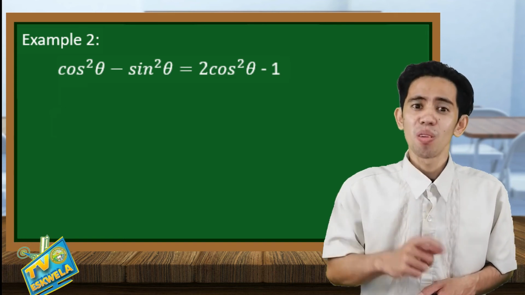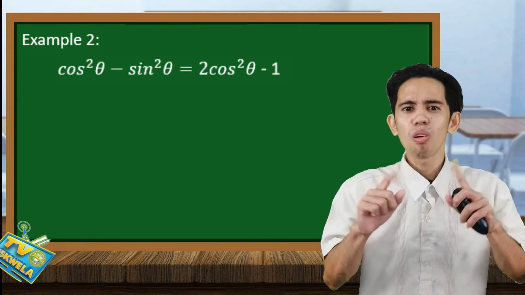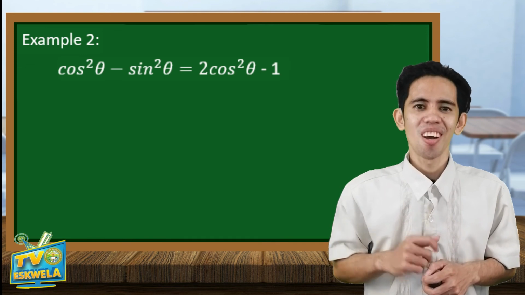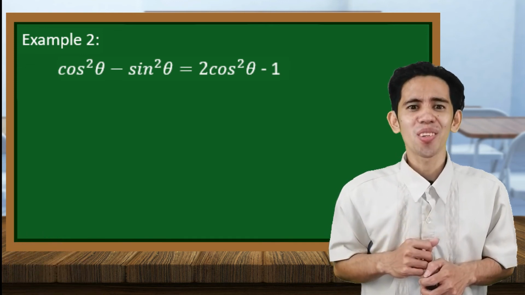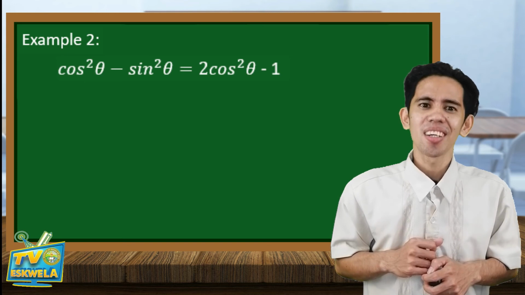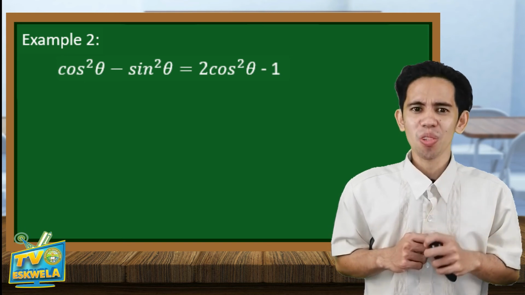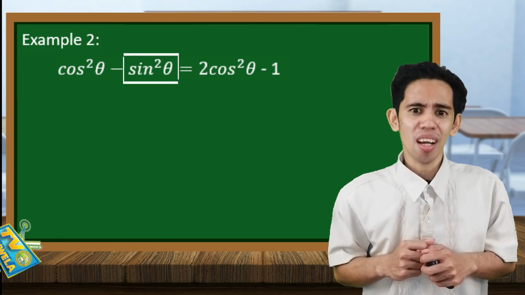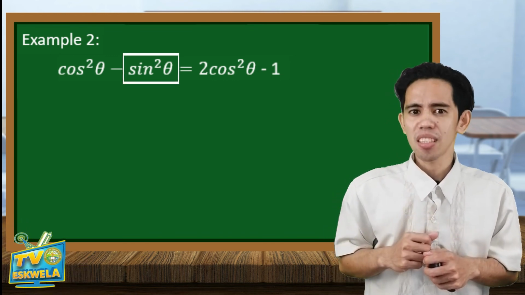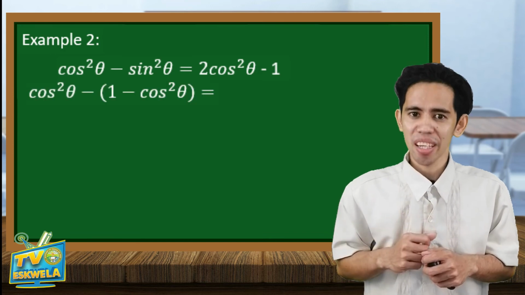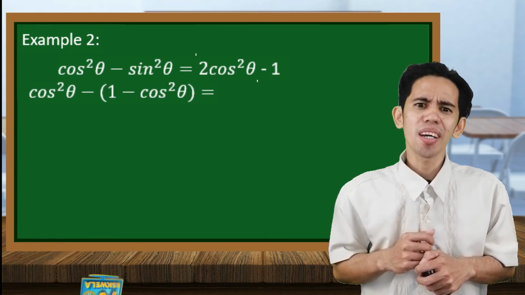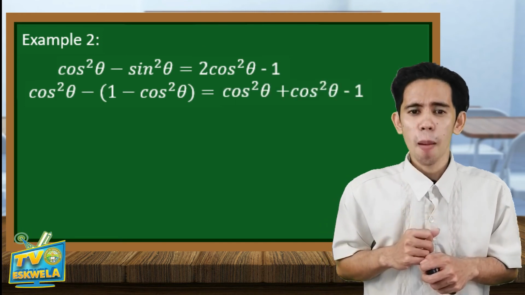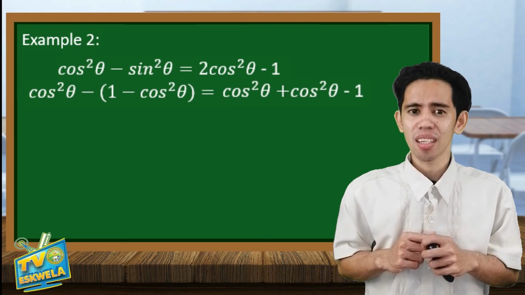Next we're going to manipulate both sides of the equation. Let's try. Cos squared theta minus sine squared theta is equal to 2 cos squared theta minus 1. Then we can convert sine squared theta using the Pythagorean identity. That is for the left side. For the right side, expand 2 cos squared theta into cos squared theta plus cos squared theta.